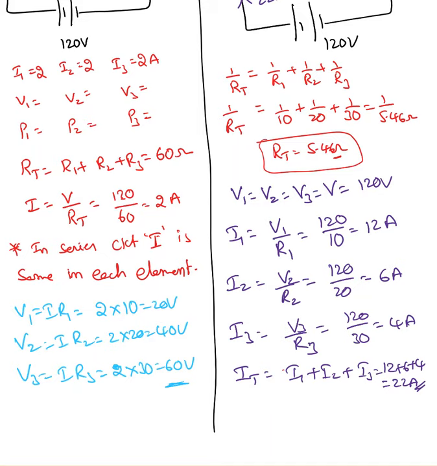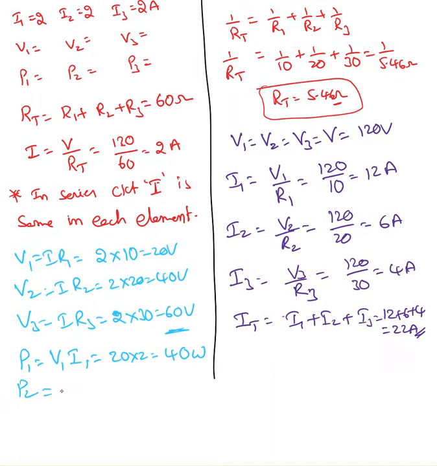Now we can find P1. P1, I can say V1 times I1, which is 20 times 2, that is 40 watts. P2 equal to V2 times I2. V2 is 40, I2 is 2, that is 80 watts.